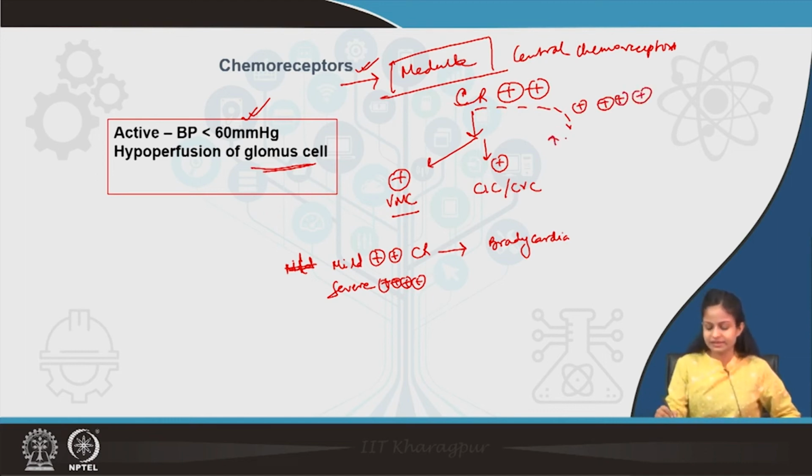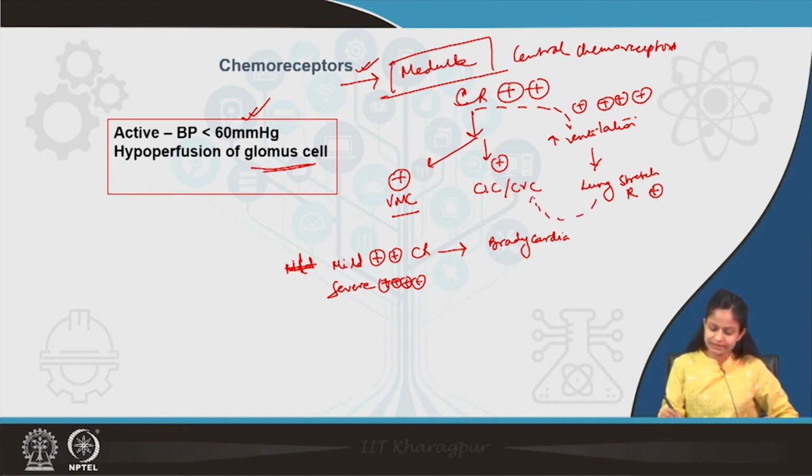There will be increased ventilation. Now, this increased ventilation will cause the lung stretch receptors to get activated, and these lung stretch receptors will indirectly cause inhibition of the cardiac inhibitory center or cardiac vagal center.